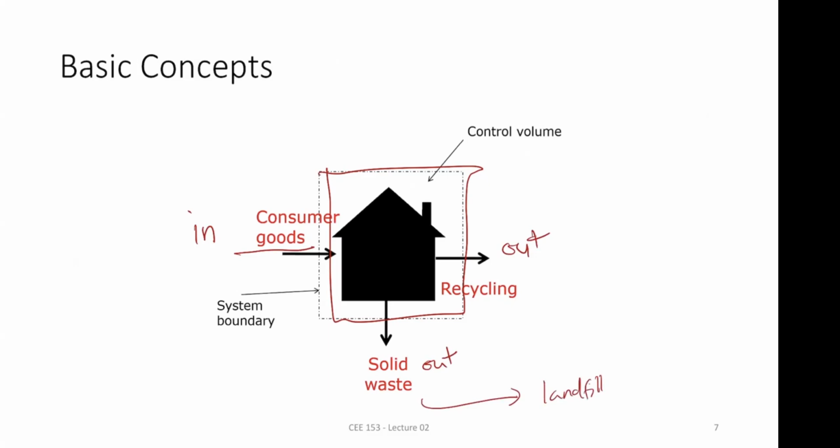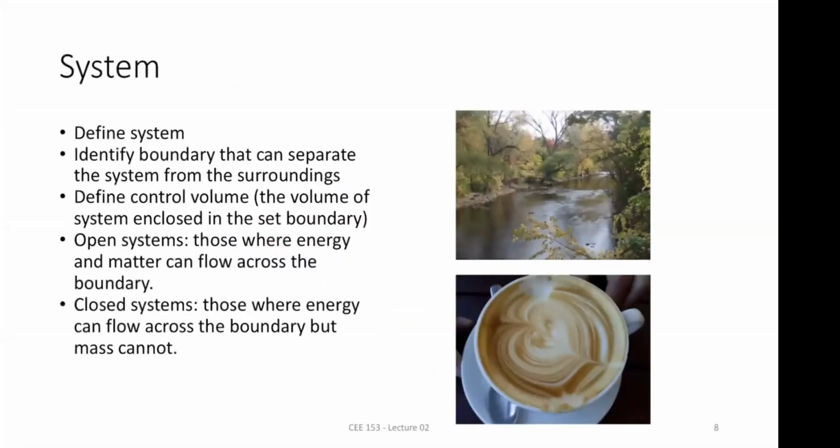Total mass coming in should be the mass going out as recycling plus the mass going out as solid waste. That means total mass is conserved. So that's mass balance.